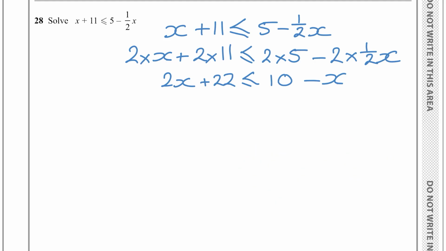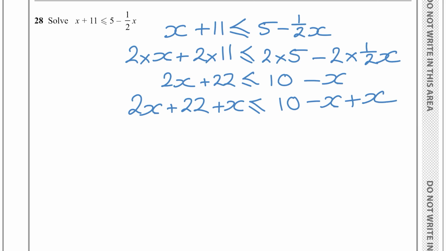And now we'll move this x, so we're going to plus x to both sides, and again we have to show it. So 2x plus 22 plus x is less than or equal to 10 minus x plus x. And so on the left we have 3x plus 22, and on the right we have just 10, because minus x plus x is 0.